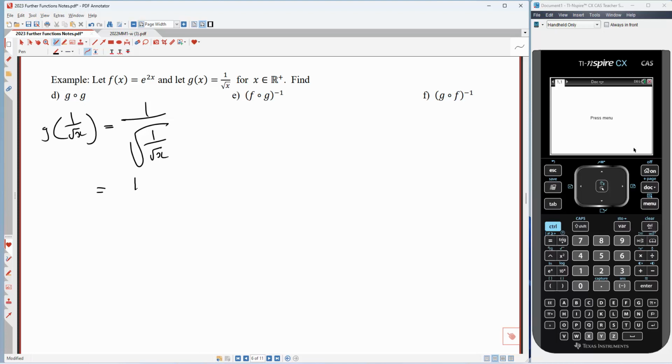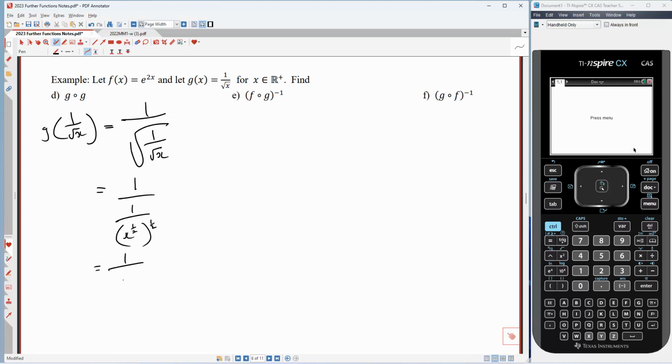Alright, so we've got 1 over, now the square root of 1 is simply 1, and the square root of the square root of x, so what we'll do is write that as x to the half. We'll rewrite that as x to the half, and that's the same as that to the half as well.